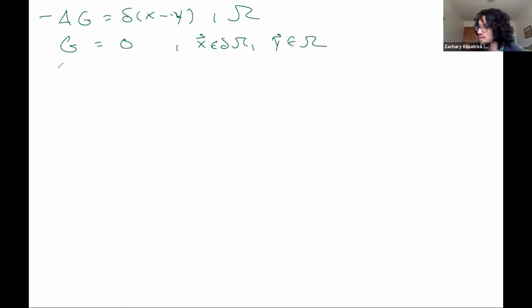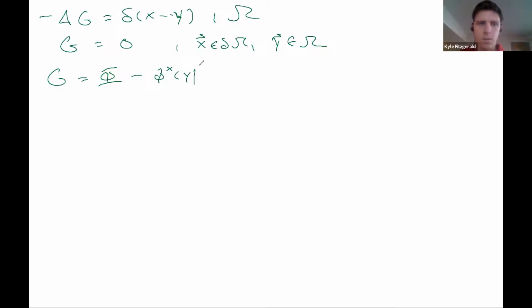And then the second part you were saying is what G is equal to. So G is capital Phi, the fundamental solution, minus what we call little phi. And so your fundamental solution has a singularity at x equals y.